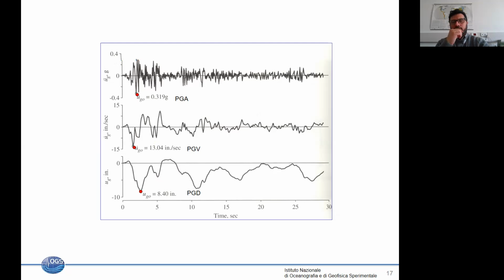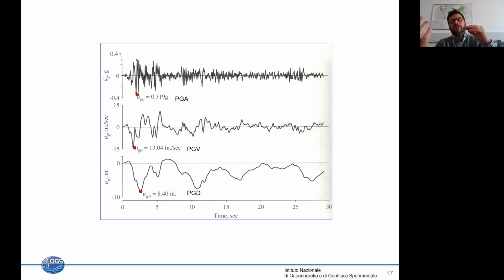But if we look at the time domain, we can have results very different. Because, like we will see, maybe some effect will change the amplitude of shaking only in the low frequency part. So if I look in acceleration, I will not see this effect.